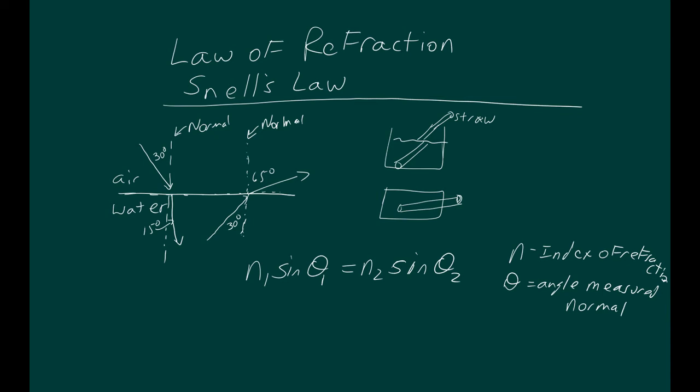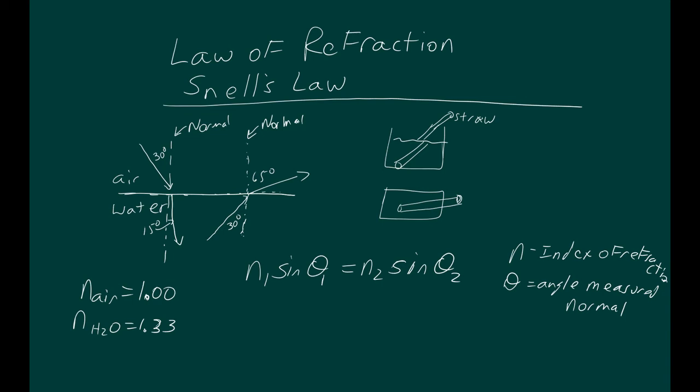One thing to note is that N for air is our baseline. It's 1.00. So that's our baseline. I believe water, I'm going off the top of my head here, is like 1.33. Don't quote me on that, but I think that's what it is.